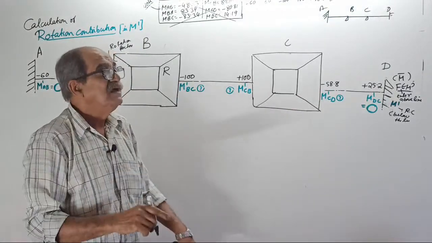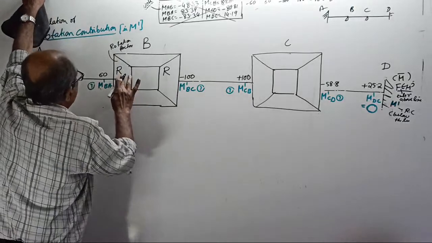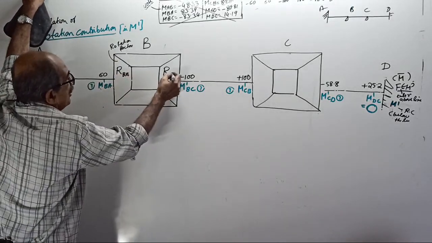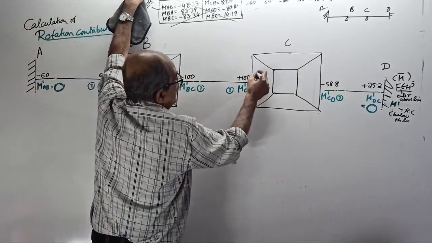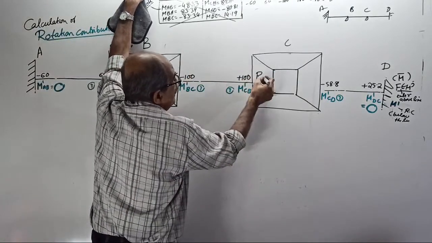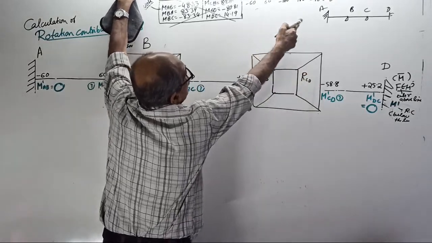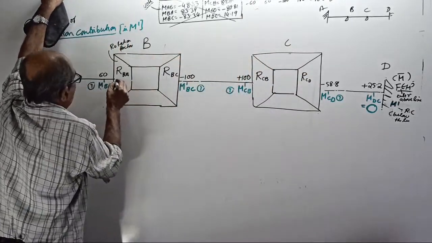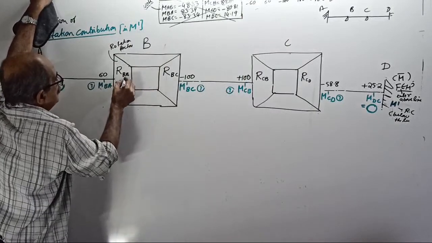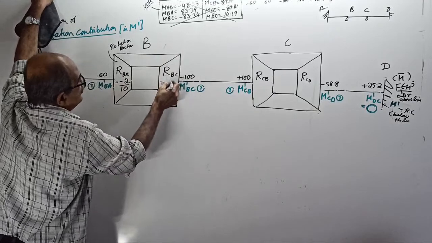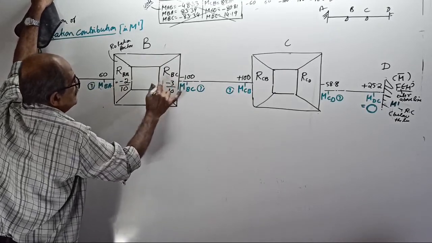Colored, banna, rangila. This is R for BA. Here write R for BC. Here write R for CB. Here write R for CD. You already got the answer there. Equal to minus 2 by 10, minus 3 by 10.